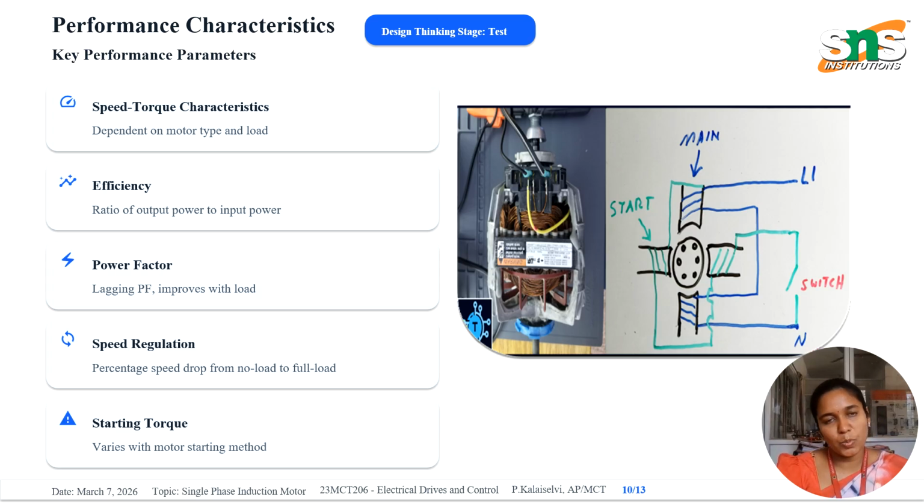Efficiency is typically between 60% to 80%. The power factor is generally lagging, but it improves as load increases. Speed decreases slightly when load increases. Good speed regulation is maintained near synchronous speed. The starting torque depends on the starting method used. Capacitor start motors provide the highest starting torque.